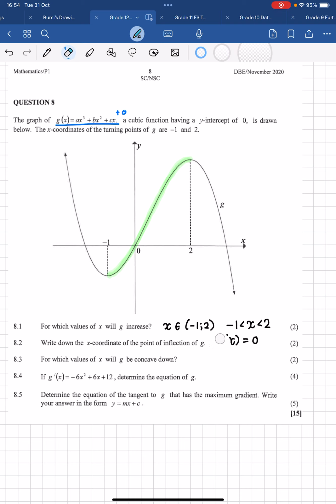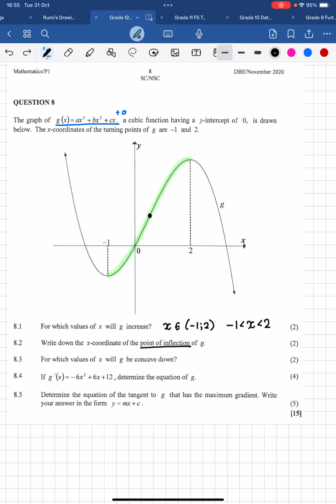So what we need to do is use a little trick, a shortcut, and that is that the point of inflection is always directly halfway between the two turning points. So if our one turning point is at -1 and the other turning point is at 2, the point of inflection is going to be halfway between those two turning points.